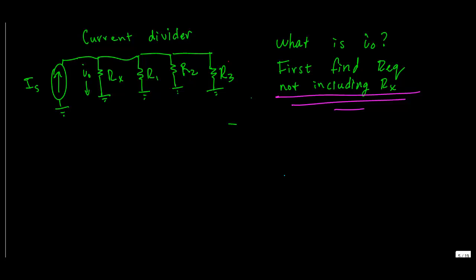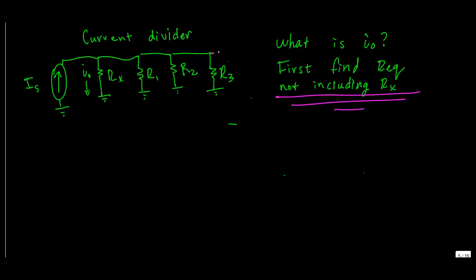For example, we have a current here, I.O., that we would like to find, and we have a current source, IS. And we have a bunch of resistors in the meantime. Now, we could have other currents that go up and down.